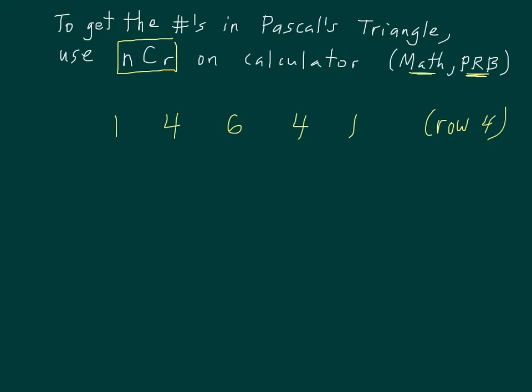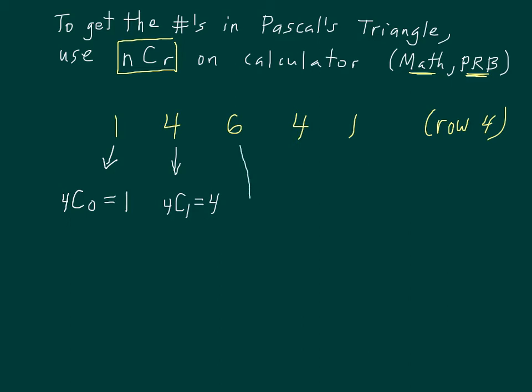So this 1 is really found by doing 4 choose 0. If you were to do 4 choose 0 in your calculator, you're going to get 1. This 4, notice how it's the second term in this row. This is 4 choose 1. If you did that in your calculator, you would get 4.